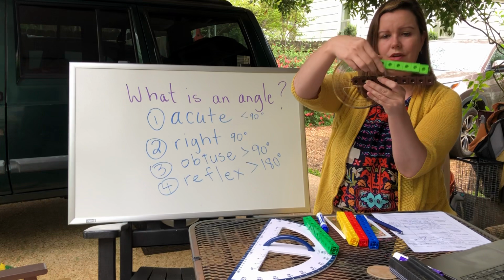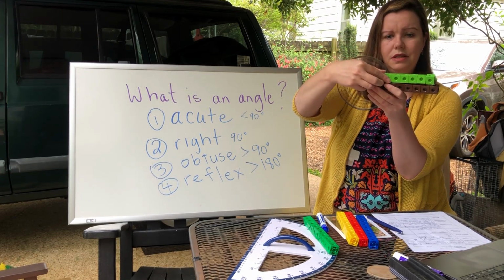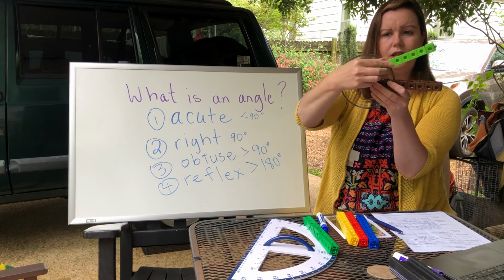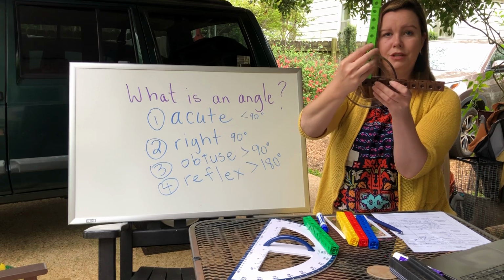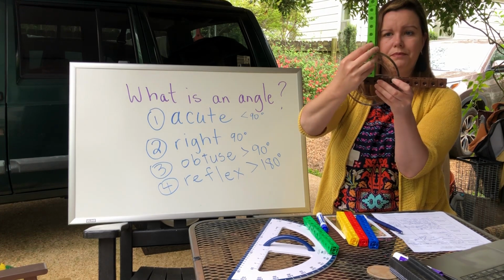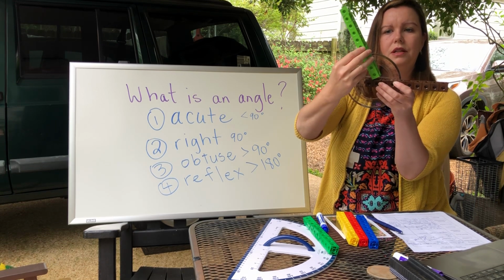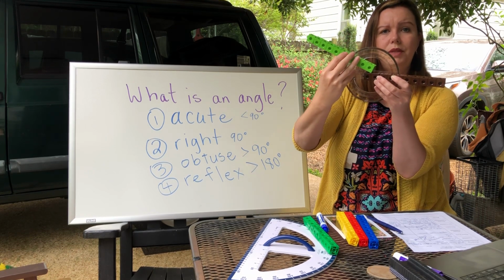This goes from 0 degrees, 10, 20, 30, 40, 50, 60, 70, 80, 90. Acute. 90. It goes to 100, on up and on up. This is obtuse.